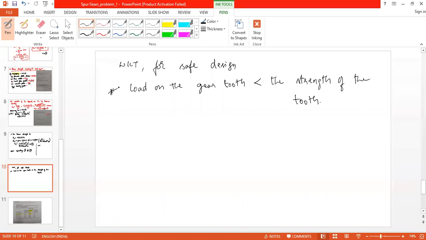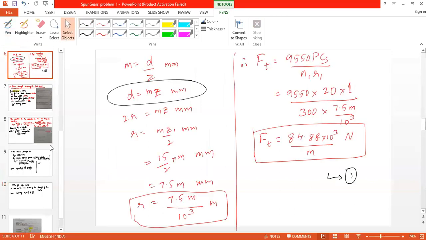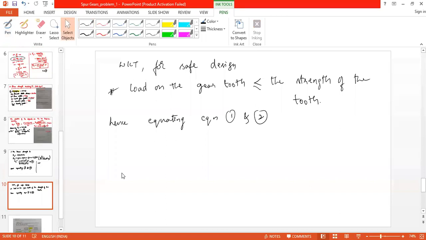Yes, sir. So for the optimistic design, the load on the gear tooth should be at least equal to the strength of the tooth. Therefore we can equate equations 1 and 2. What is the first equation? 844.83 divided by m.